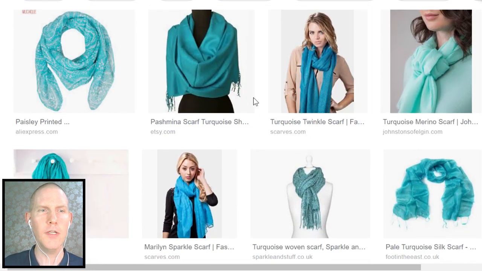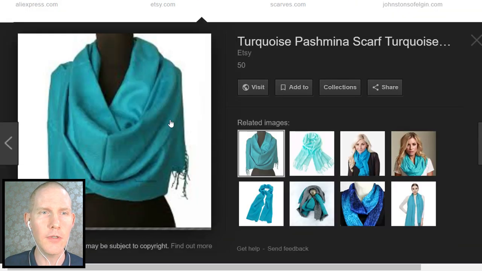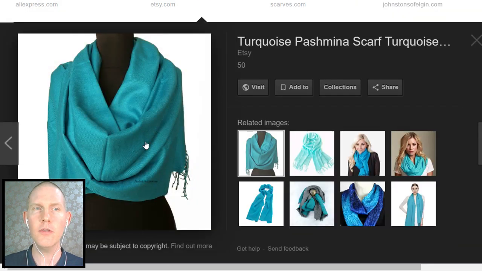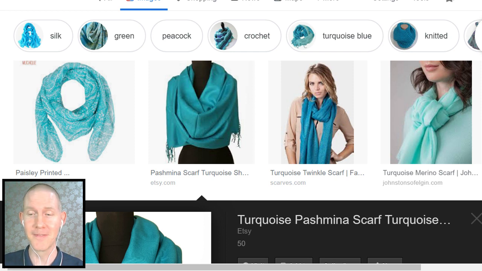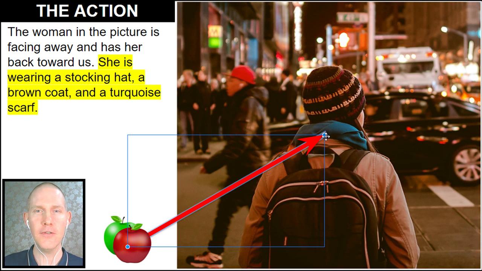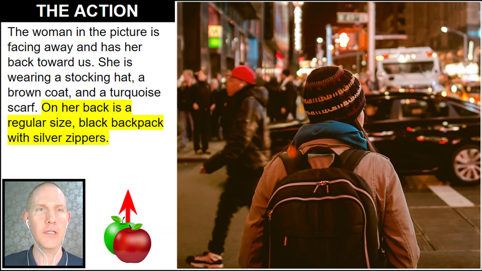Okay, so in the picture, I would say it kind of looks like this one, right? This color. I don't know what the front looks like, but the color looks pretty good. So this is turquoise. It's somewhere between a blue and a green. Sometimes maybe they say an aquamarine blue, or I don't know. I'm not a painter. Okay, let's go back. So let's move this back over here and let's go to the next part.